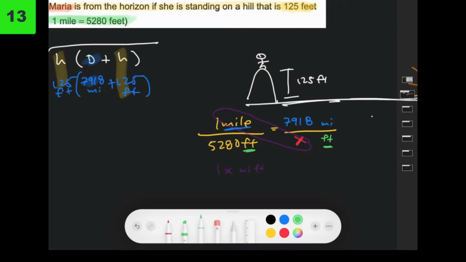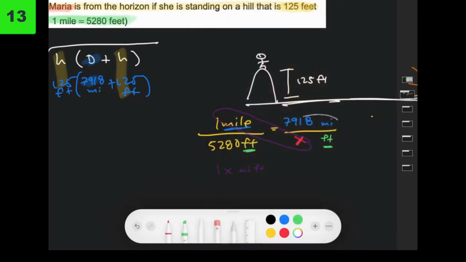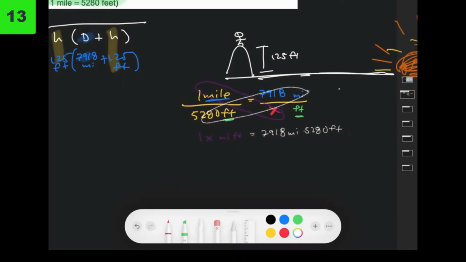And then if you do that same thing again, then you'll have 7,918 miles times 5,280 feet. Okay, so let's put that into our calculator. 7,918 times 5,280.